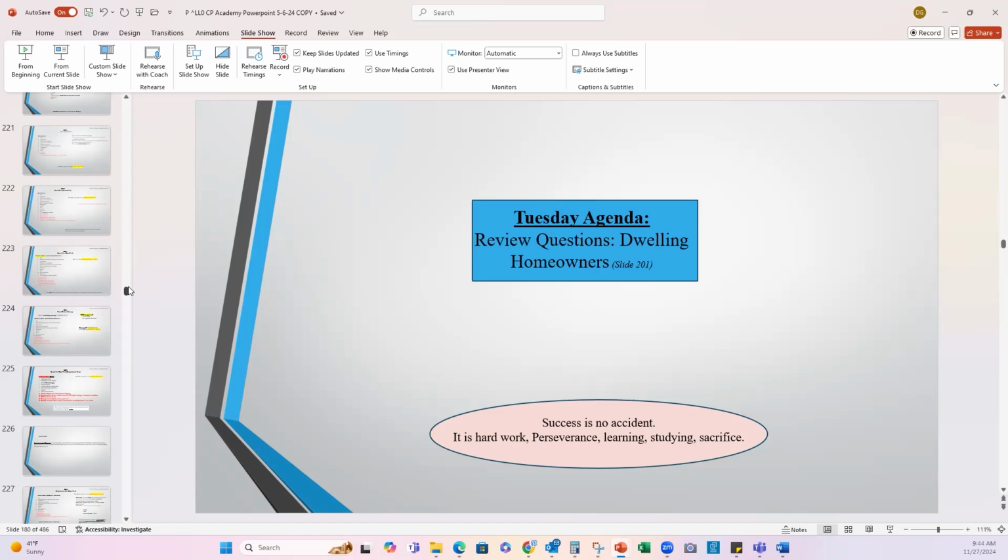Like people who live in the house? Yep, resident relatives. So that could be your spouse, kids, a mom if somebody's parent lives with them, any resident relatives. So medical on homeowners, it's liability. Medical on an auto, it is not liability. It's for the insured, resident relatives, and passengers.